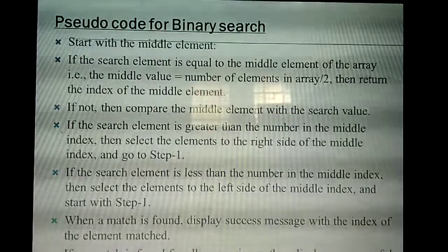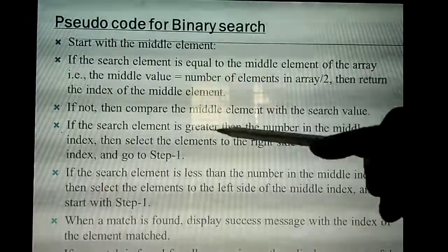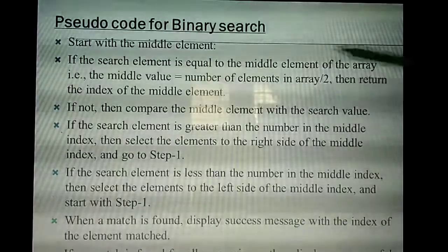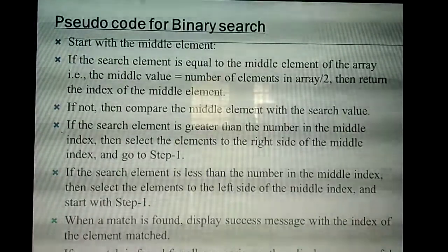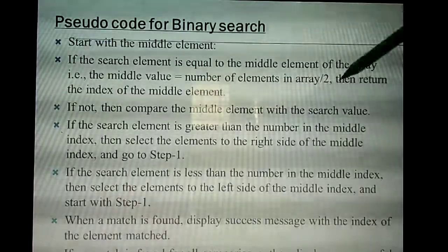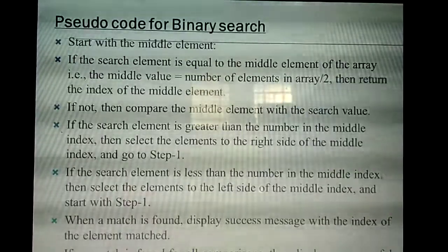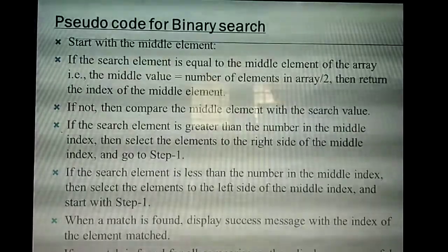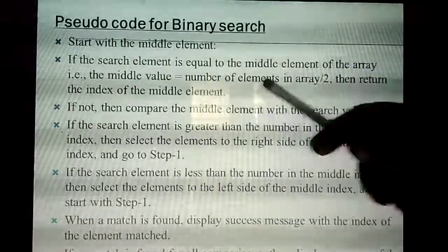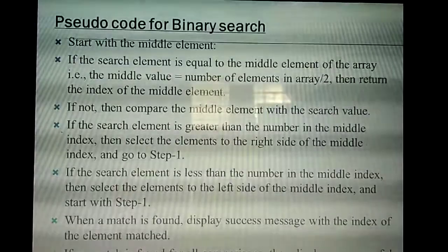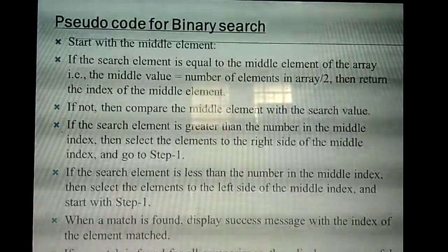What's the formula used to calculate the middle value? It is the number of elements in the array. If there are 10 elements, it is 10 divided by 2, then it will give an answer. That's the index of the middle element. What's the second step? You are going to calculate the middle value. What's the formula for calculating the middle value? The total number of elements in an array divided by 2. That's the index of the middle element.